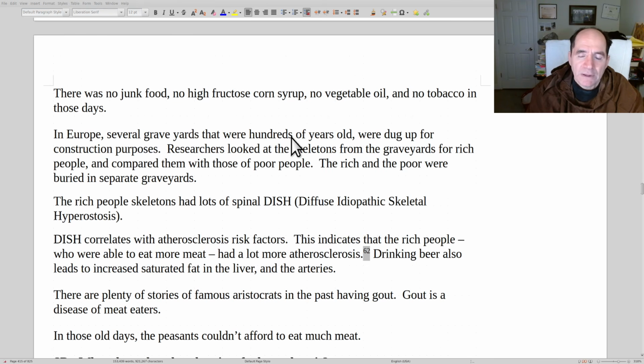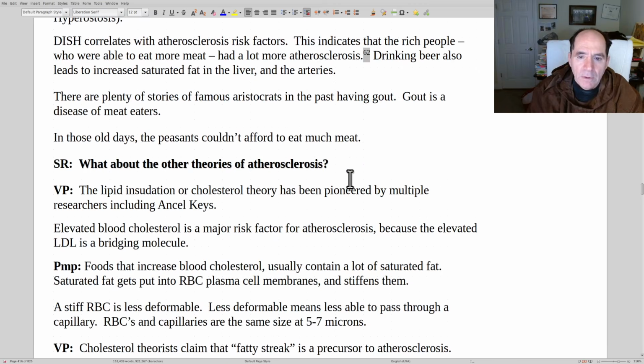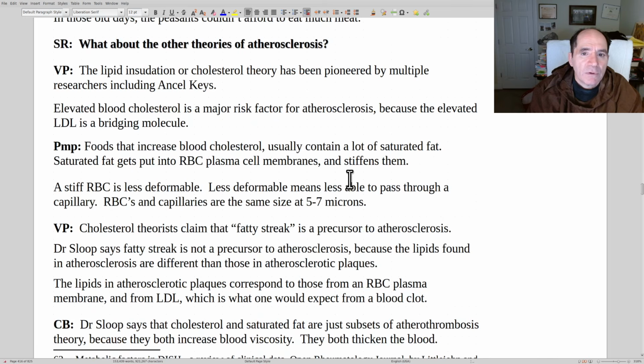The people who were eating the high-fat diets, the aristocrats, had all these manifestations, including DISH in their spines, whereas the poor peasants eating turnips had much less of these things, suggesting atherosclerosis. Lots of famous aristocrats, kings and whatnot, had gout in the past from their high meat diets. In the old days, peasants couldn't afford much meat.